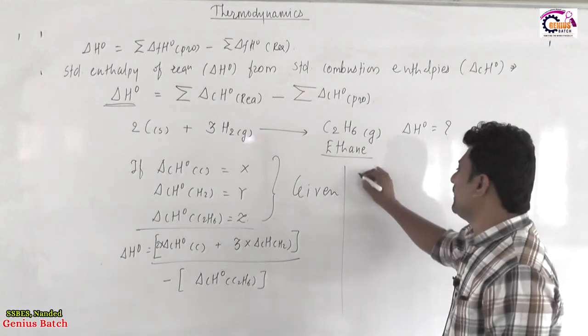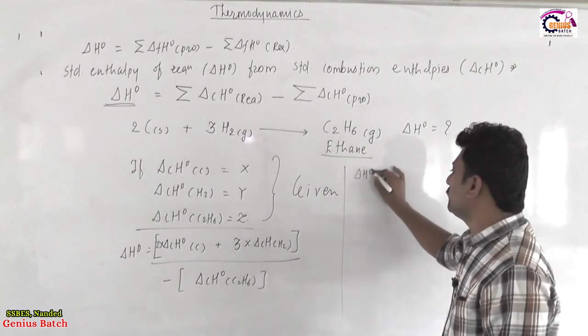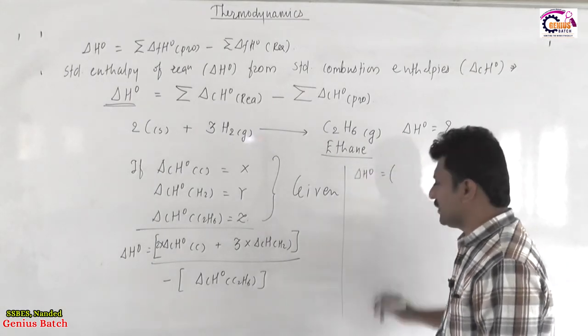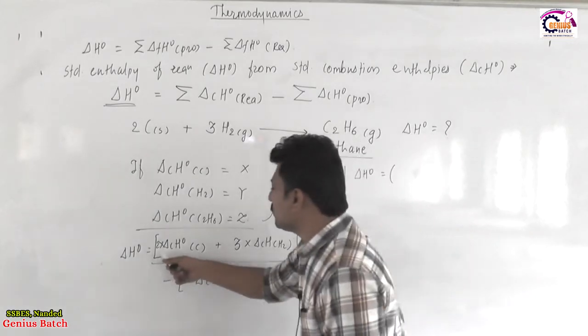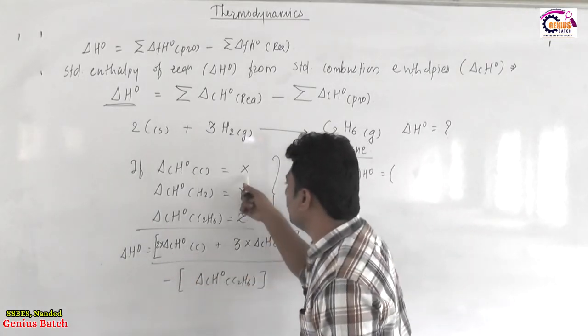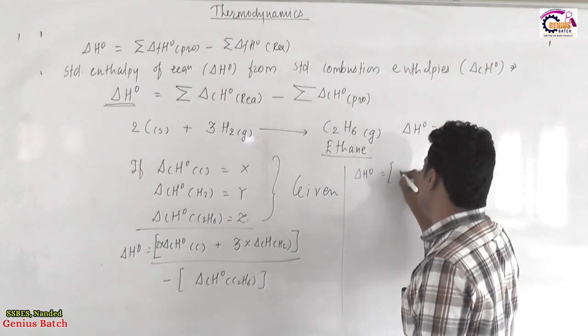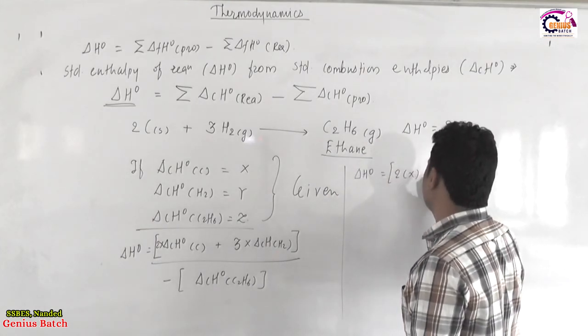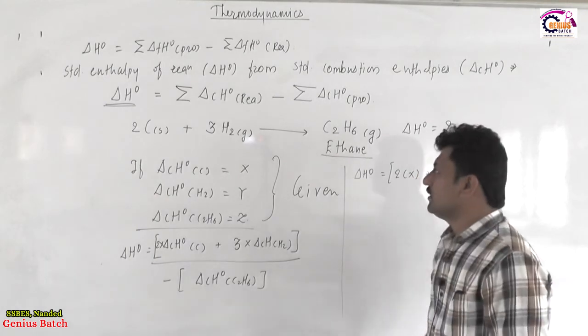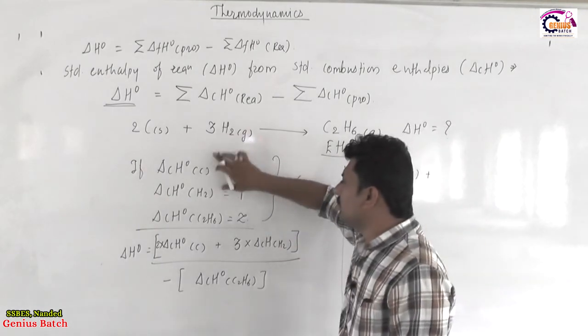Now use the values which are given here. The values provided are x, y and z. So delta H0 is equal to 2 times of combustion of carbon. Combustion of carbon is x. So 2 times of x, 2 into x plus 3 times of combustion of hydrogen.